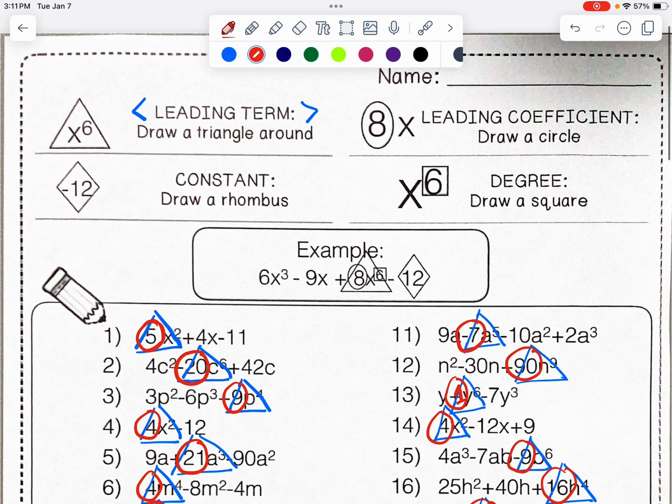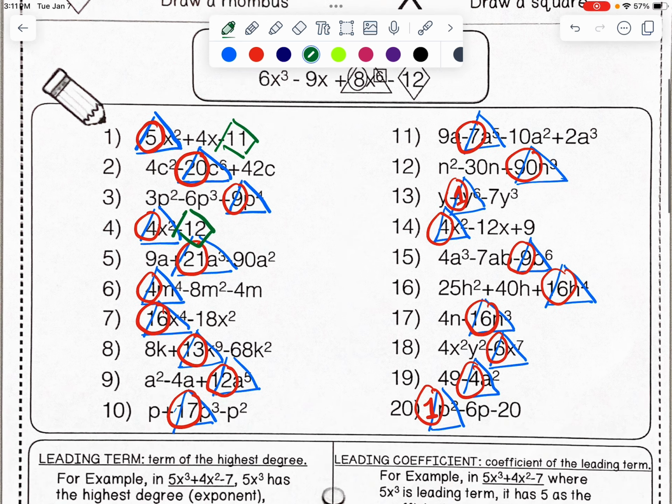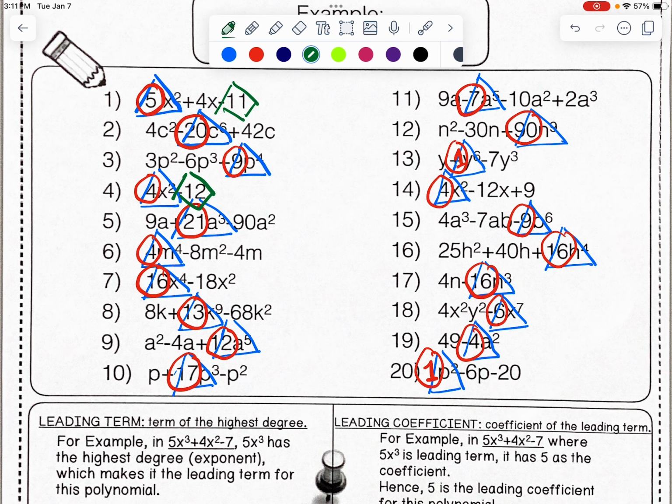Okay, the constant is just the number, right? The number that has no variable on it. So here, oh wait, it says a rhombus, sorry. So the constant here would be negative 11. So 2 doesn't have a constant. All of those have variables. Same thing on 3. Number 4, negative 12 is the constant. 5 doesn't have one. 6 doesn't have one. 7, 8, 9, 10, 11, 12 don't have one. 14 has one.